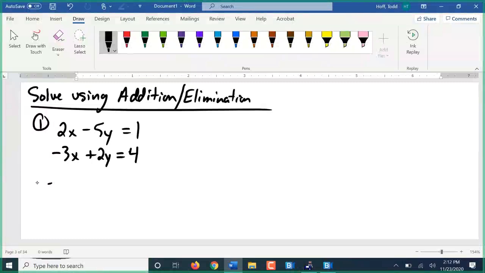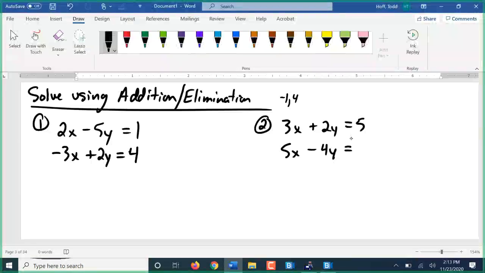And our second one, we'll do 3x plus 2y equals 5. 5x minus 4y equals negative 21. We'll have you work on those two, and we'll go over them in a few minutes.